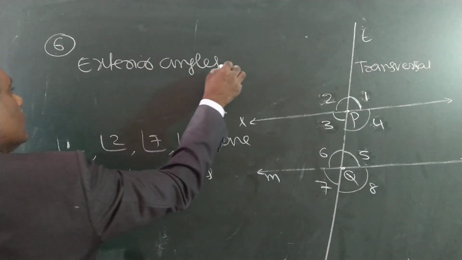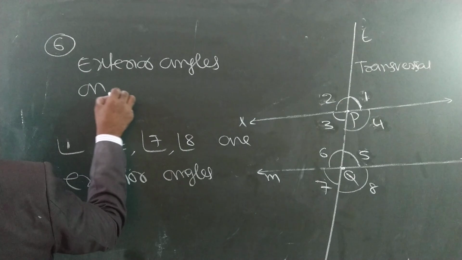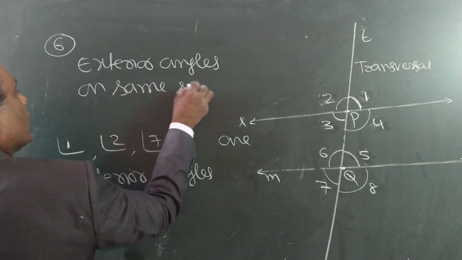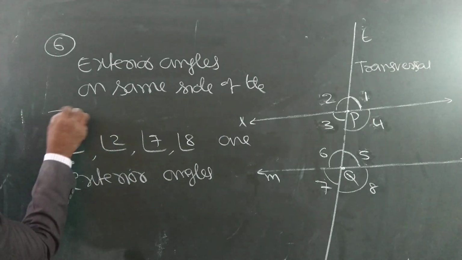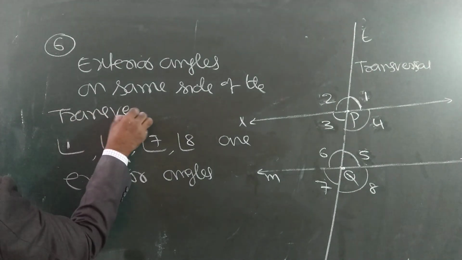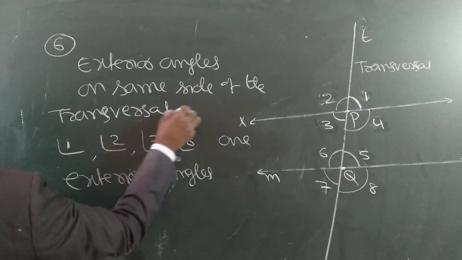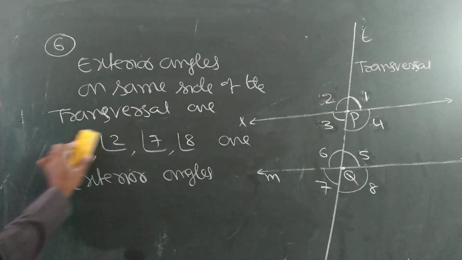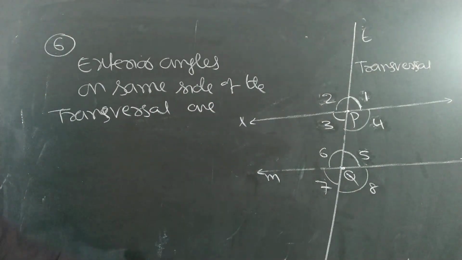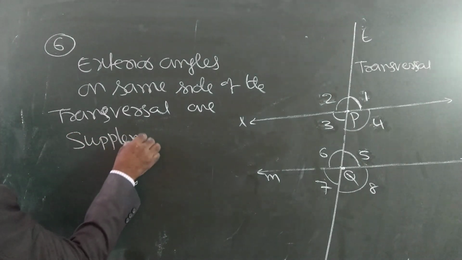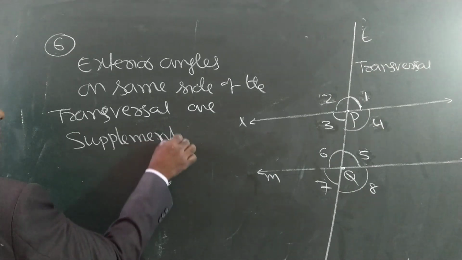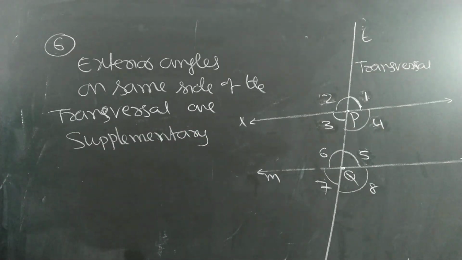Exterior angles on the same side of the transversal are supplementary. Supplementary means the sum is 180 degrees.